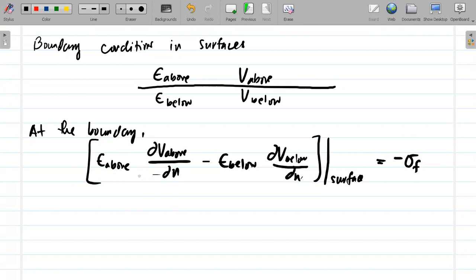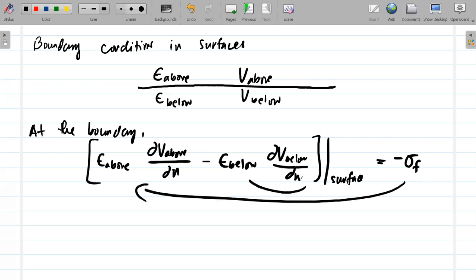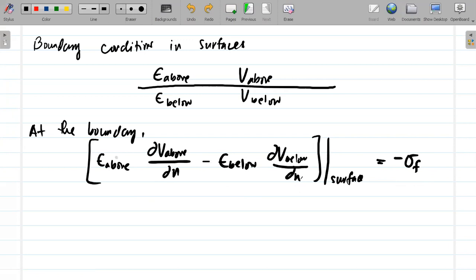Ito yung discontinuity ng derivative sa potential. Generalize lang natin, naglagay lang tayo ng mga epsilon. Dati, sigma over epsilon naught yan. So, yung epsilon, dinistribute natin dito. Naging epsilon above. Tapos ito, epsilon below. Dati, sigma over epsilon naught yung right-hand side.